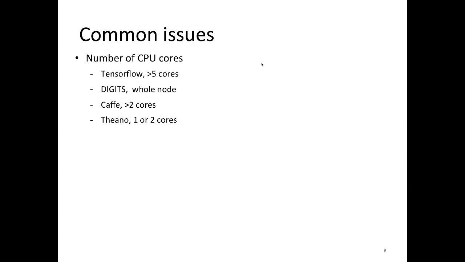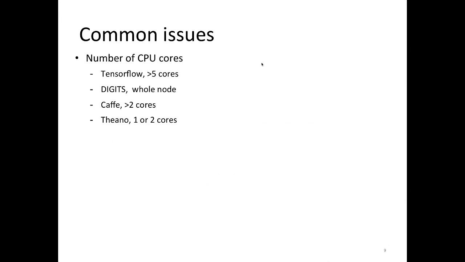For DIGITS, you'd better ask for the whole node because training a neural network using DIGITS may only need a few cores, like 3 or 4. But when you use DIGITS to prepare the dataset, it probably uses up all the CPU resources because it can prepare the data in parallel, so it will give you a faster speed if you have more cores.